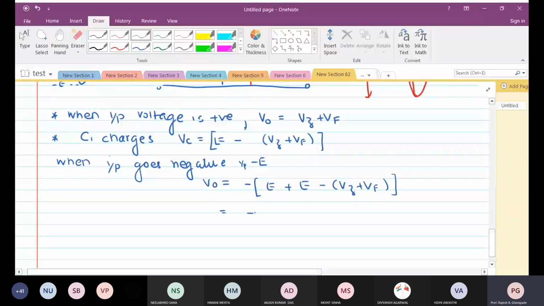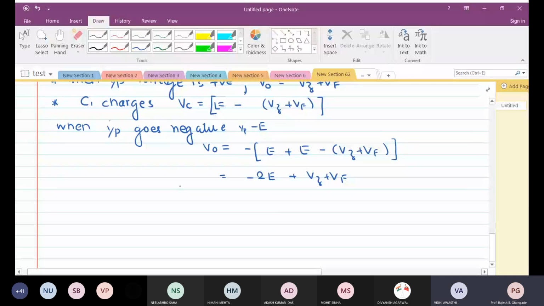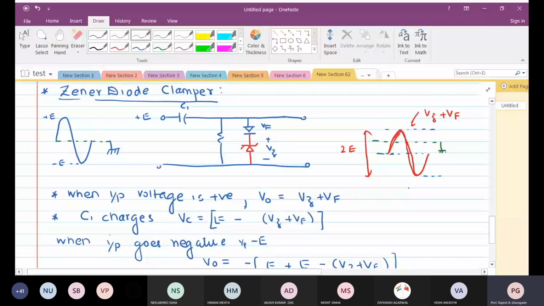That gives me minus 2 times E plus Vz plus Vf. So this is the maximum value, this value. What is it? 2E plus Vz plus Vf.